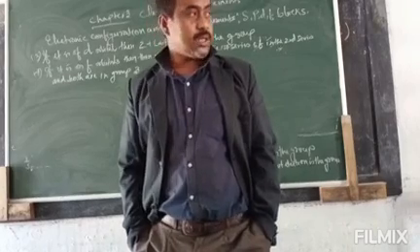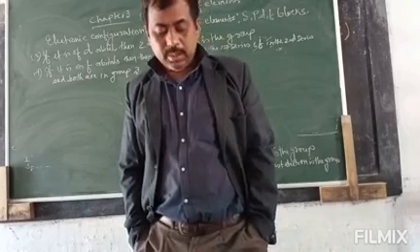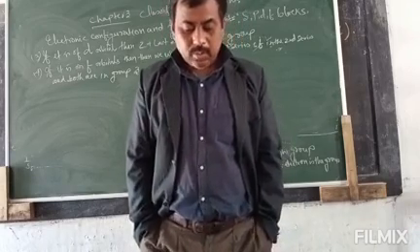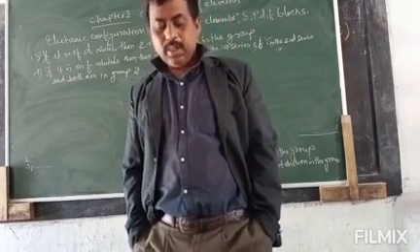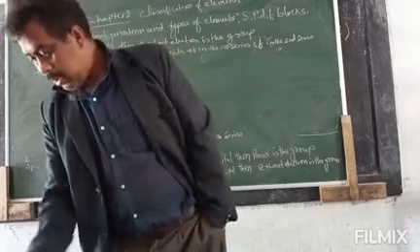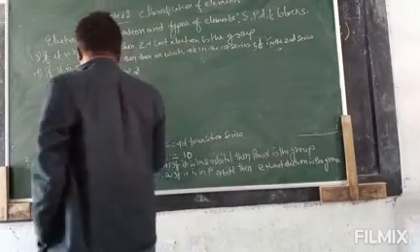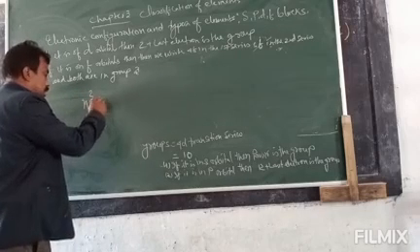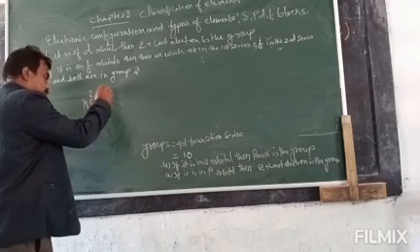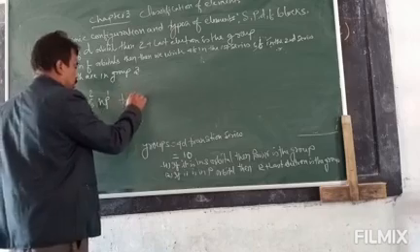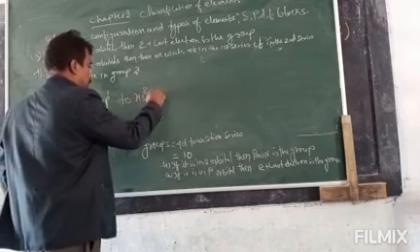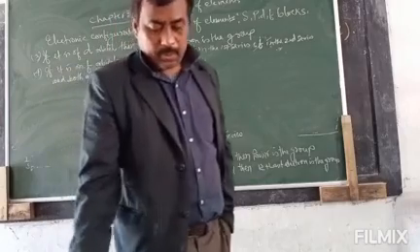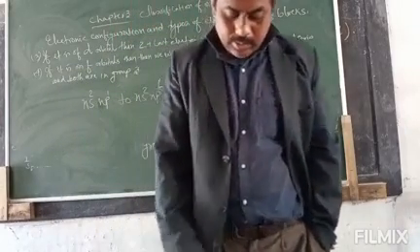The outermost electronic configuration of almost all the P block elements varies from NS2 NP1 to NS2 NP6. This is the outermost electronic configuration of your P block elements.